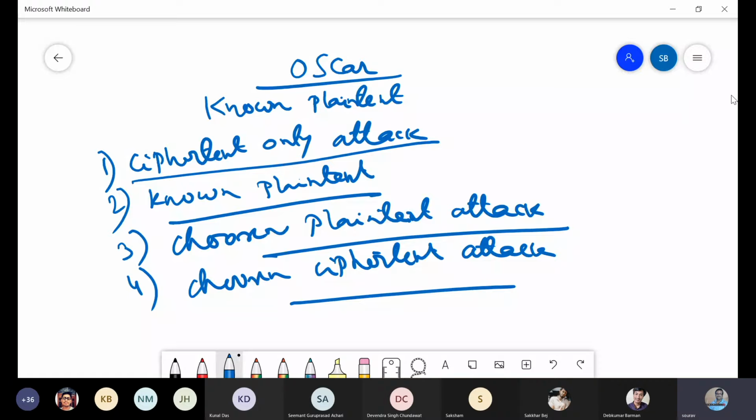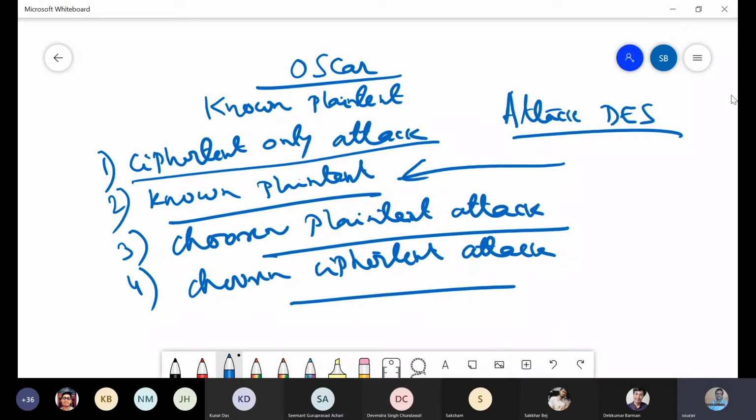Now for the attack on DES, we will use the known plaintext attack. Oscar has a plaintext and the corresponding ciphertext.